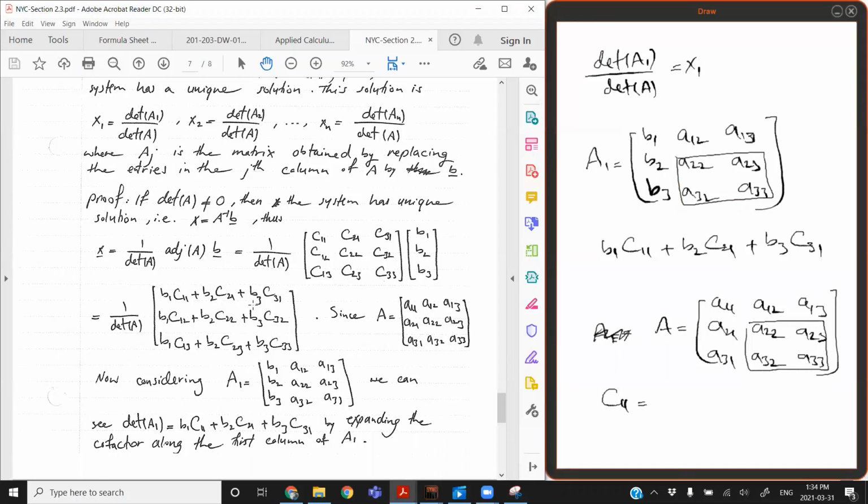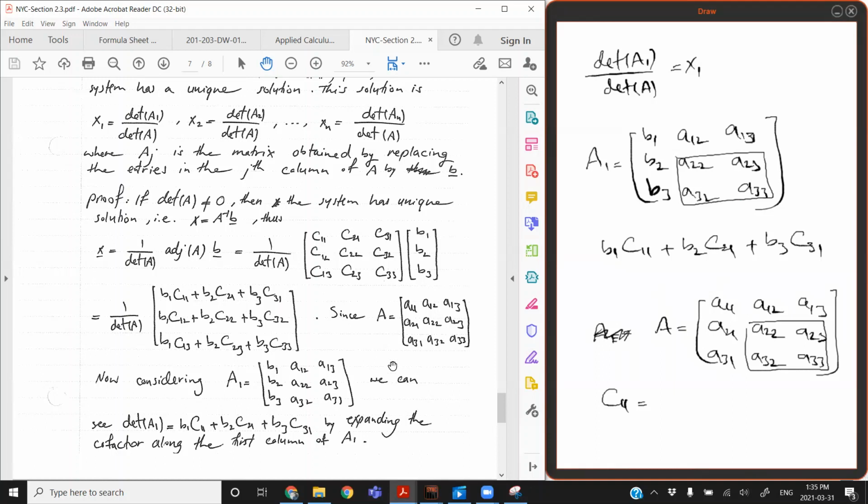So you might say that, okay, but determinant of A1 is B1 times the corresponding cofactor from A1, but now you're multiplying that by the cofactor from A. But the thing is, they're the same.